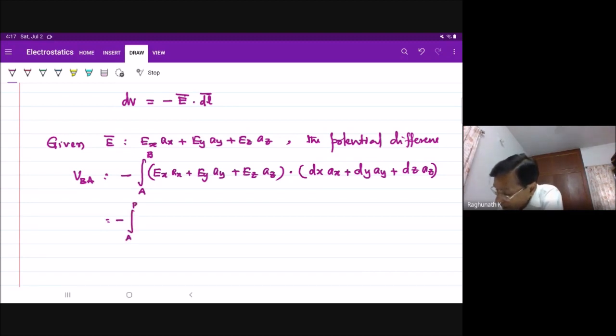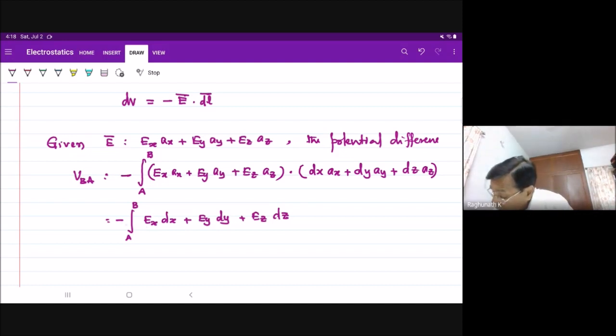which is equal to integral A to B. I'm giving the example in Cartesian coordinate system. Right, we should be in a position to answer it in any coordinate system, of course. Ex dx plus Ey dy plus Ez dz. Listen carefully.